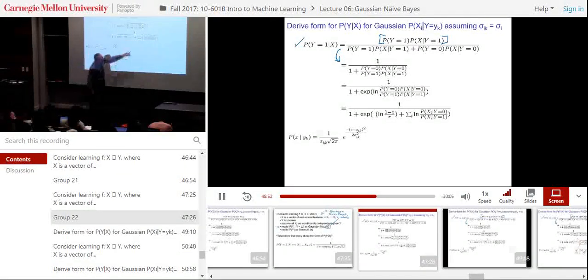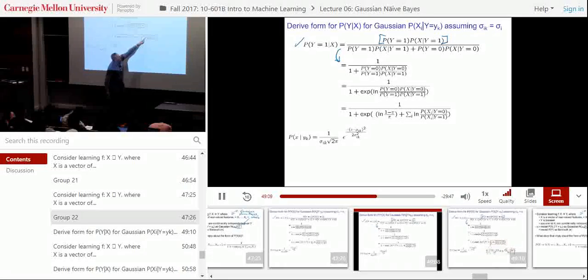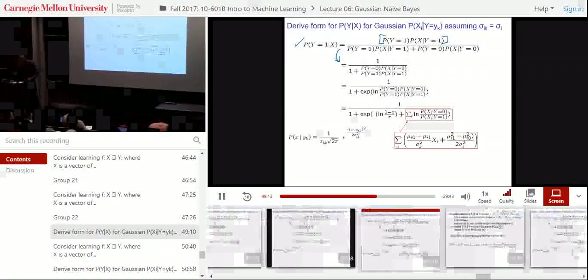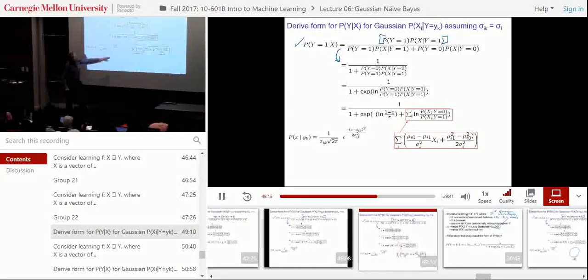And so now the beautiful thing is this step ends up here. Again, to remind you, is the definition of the Gaussian distribution. So the ratio of two Gaussians for y equals 1 and y equals 0 ends up turning into this form.